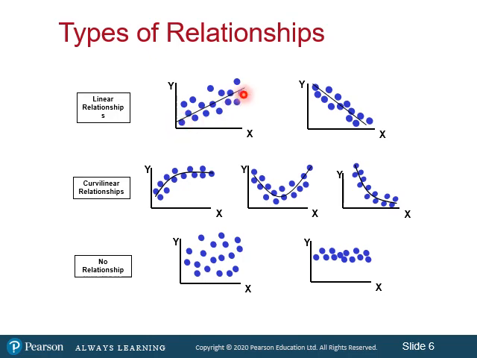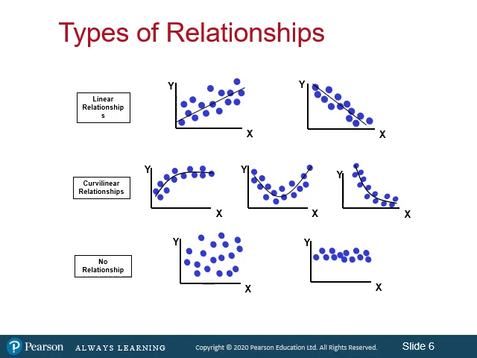So this is what we call a positive relationship because the numbers are increasing. This is a negative relationship. Here when the x increases, y also increases. Here when the x decreases, y increases. So that's why it is a negative relationship.